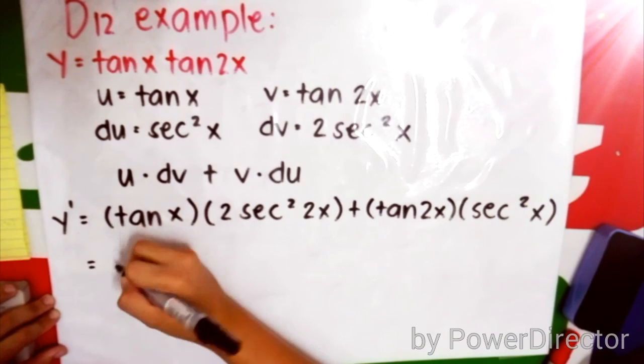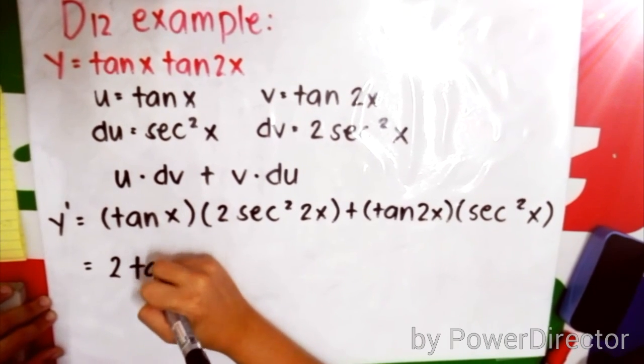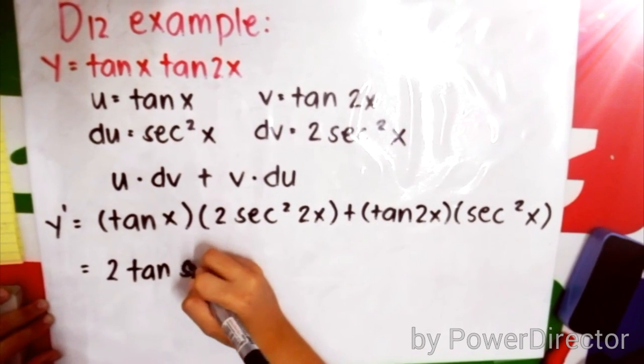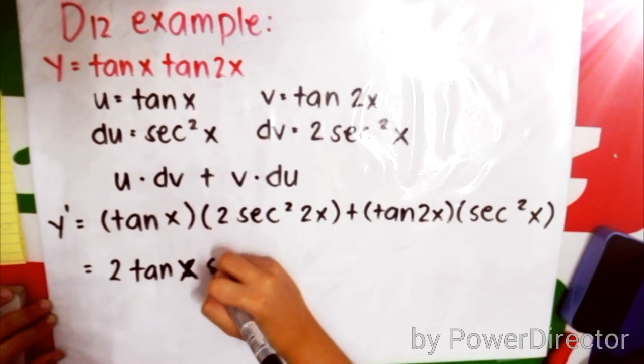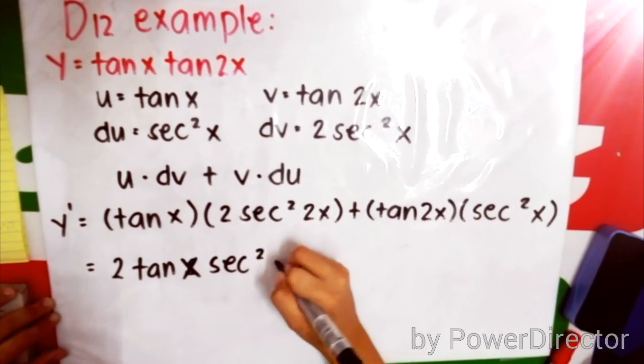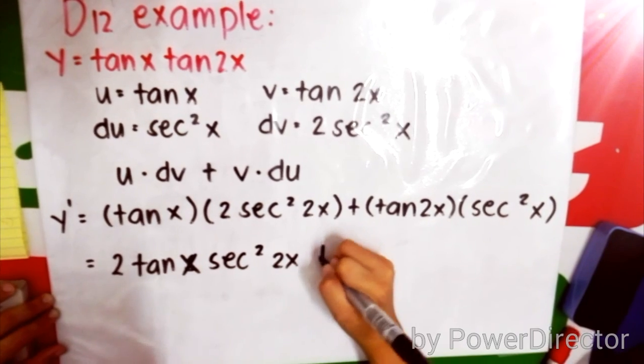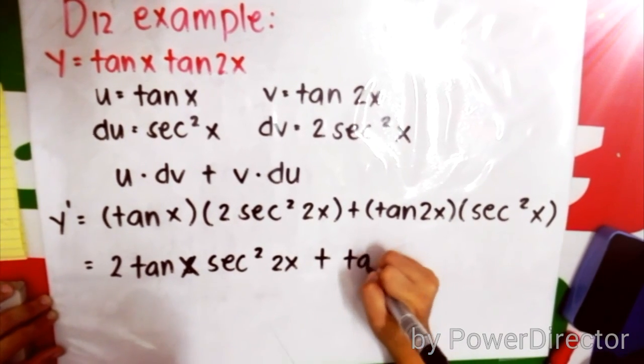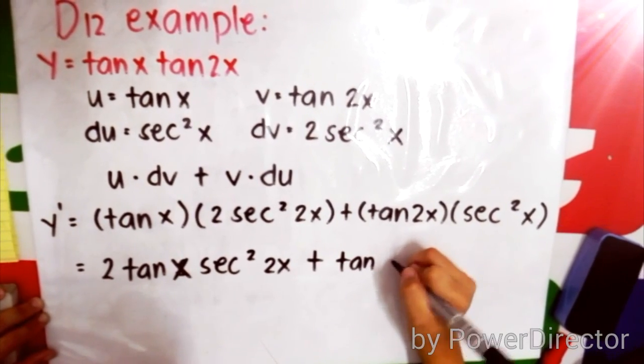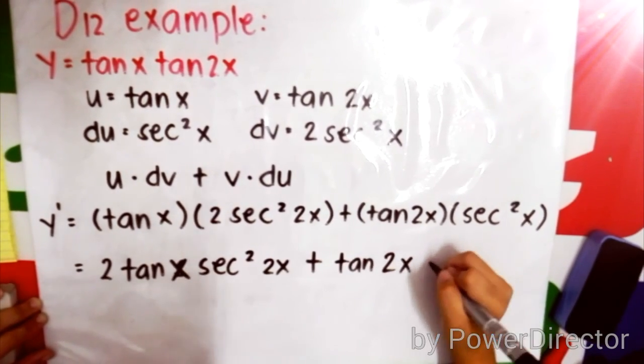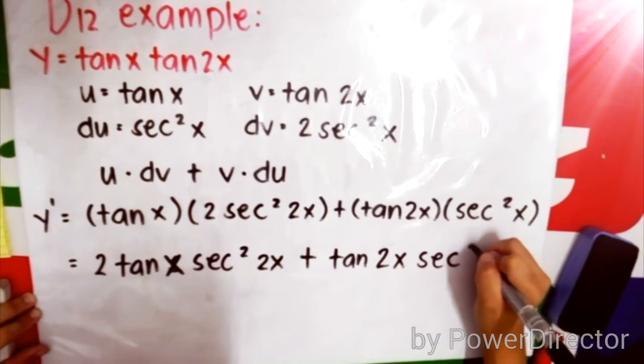Then we will have 2 tan x secant squared 2x plus tan 2x secant squared x.